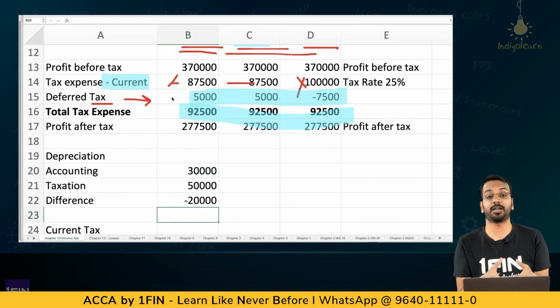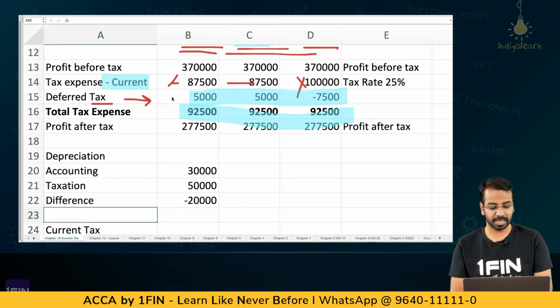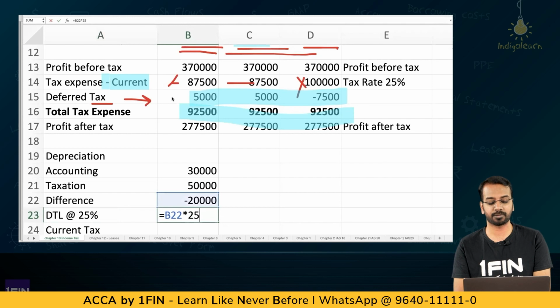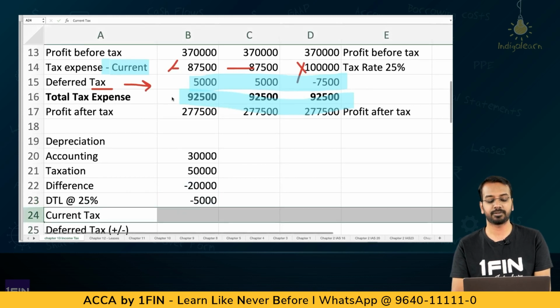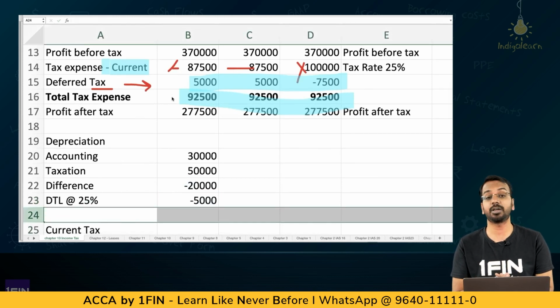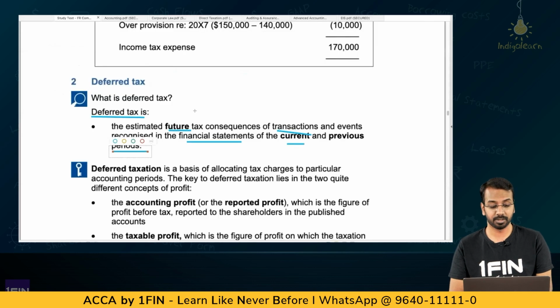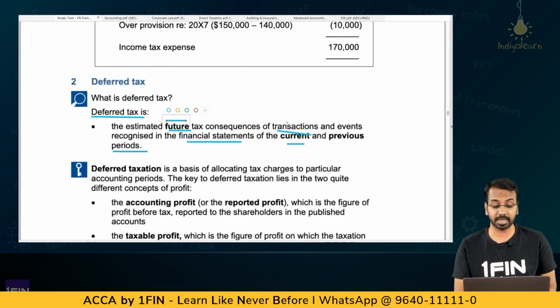Because of this difference of 20,000, we will have to pay higher tax in the future. So there is a future tax consequence, and hence there is a deferred tax liability at our tax rate of 25%, which is 20,000 into 25%, 5,000, right? So that is how deferred taxation works. Again, it is the estimated future tax consequence of transactions and events recognized in financial statements of the current and previous period.